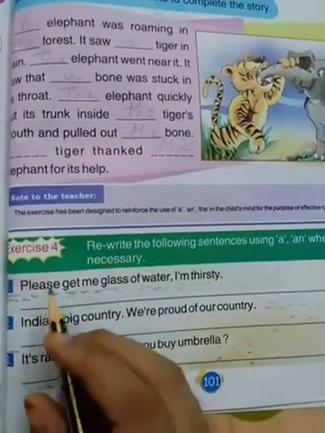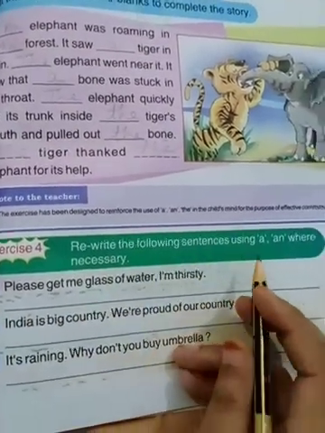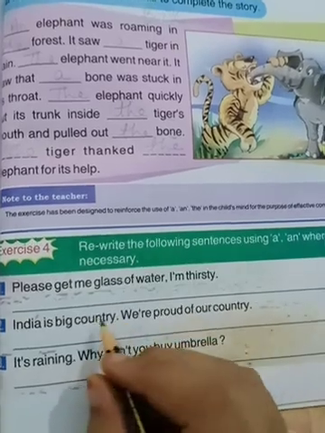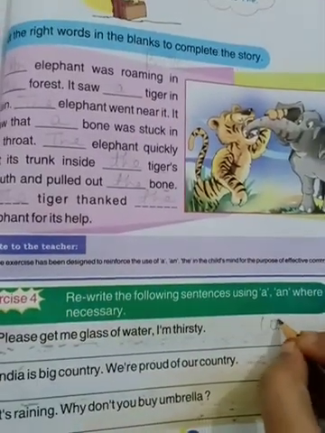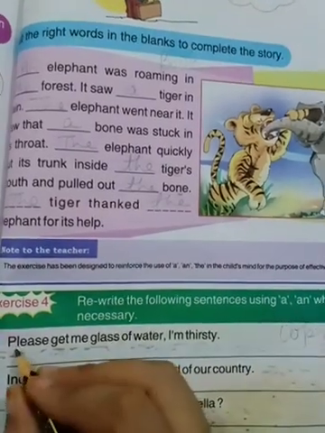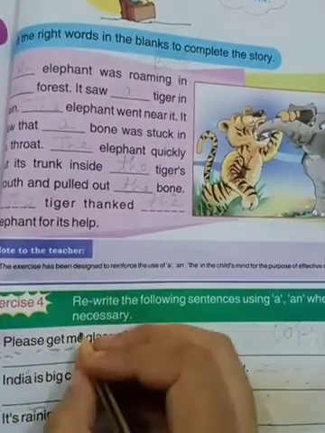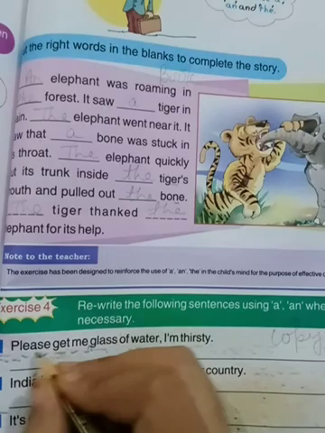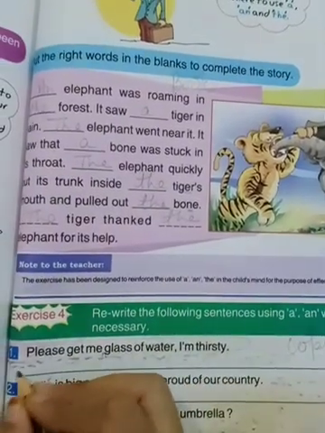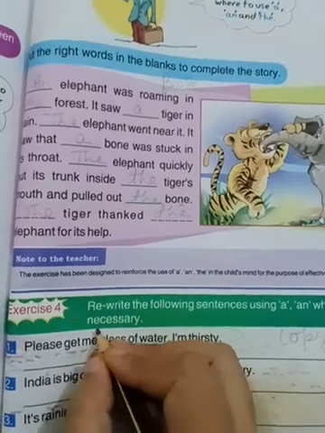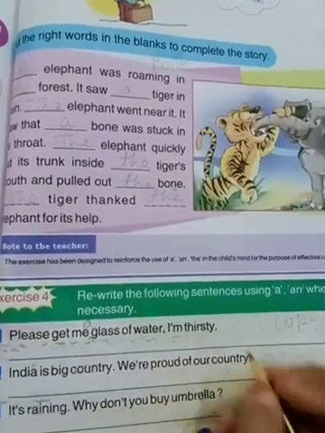Okay, right here, rewrite the following sentences using a and an where necessary. This you will do in copy. Please get me a glass. Firstly, you will write this sentence. Then in the answer: please get me a glass of water. I am thirsty.